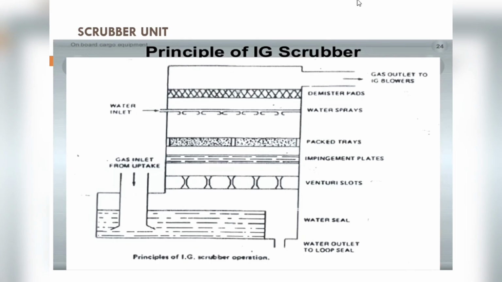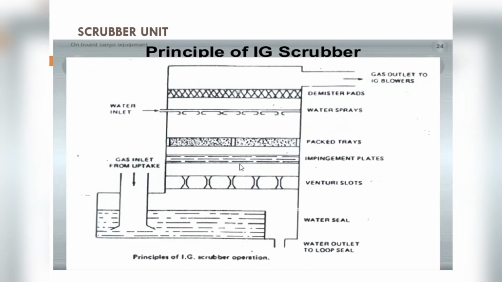For that purpose, it passes through the demister, which absorbs the moisture in the inert gas. Once the gas passes through the demister, the moisture level comes down, as the maximum amount of moisture is absorbed by the demister. Once it comes out from this scrubber tower, the gas is already cleaned, cooled and dried. All the toxic constituents are removed by the packed trays.